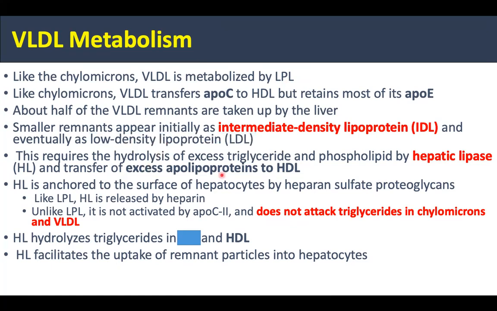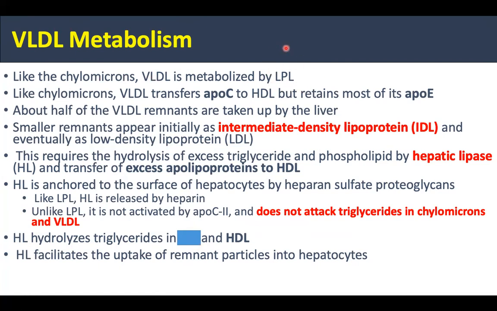And then hepatic lipase, I told you it hydrolyzes triglycerides. The remnant triglycerides, small amount of triglycerides that are present in something and HDL. What is the something? What other lipoprotein? It's definitely not chylomicron, because chylomicron is not hepatic lipase. It's lipoprotein lipase.